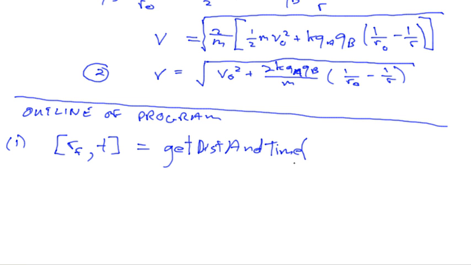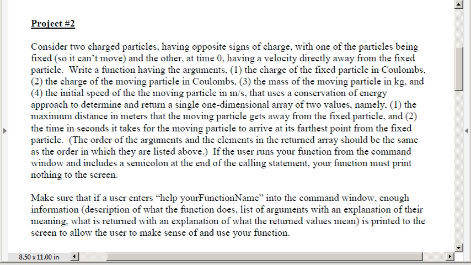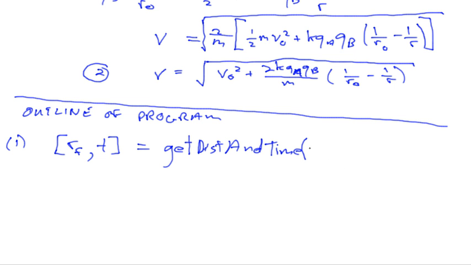And it's got 5 arguments. Fixed charge, charge of the moving, mass, speed, and then that distance, which I forgot to put in the initial version of it.